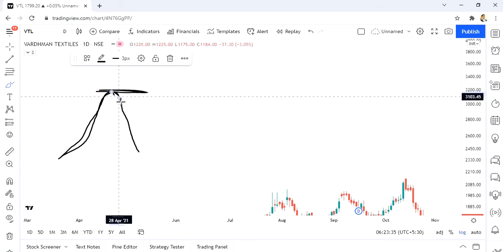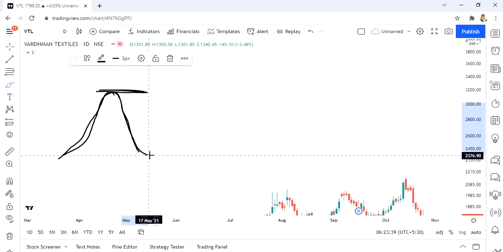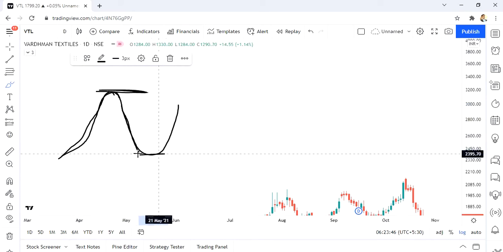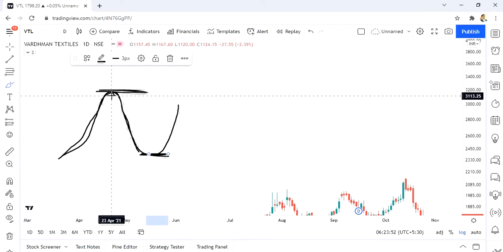And the market or the stock has been falling, and suddenly it stops at a certain price level and makes a U-turn from there. This is called a level of support. So what is the level of resistance and what is the level of support?